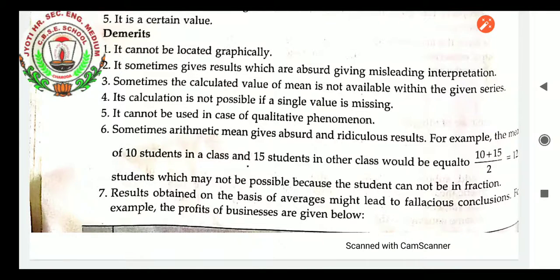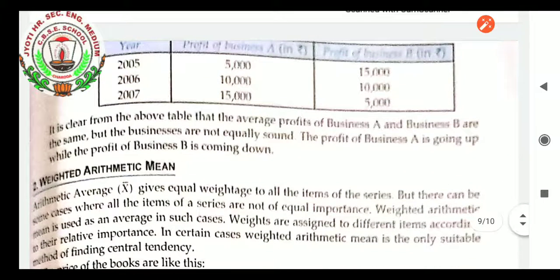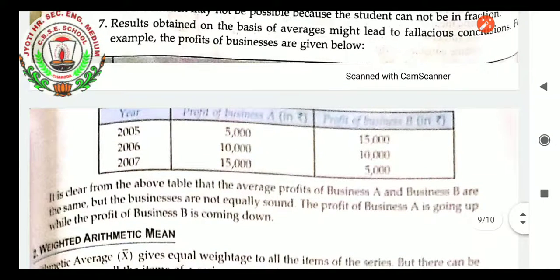Results obtained on the basis of averages might lead to fallacious conclusions, meaning confusing conclusions. Someone will be thinking something and someone will be observing something. For example, for 2005, 6, 7, you can see the profit of business A and the profit of business B. The profit of business A is increasing, from 5,000 to 10,000, 10,000 to 15,000 year after year.